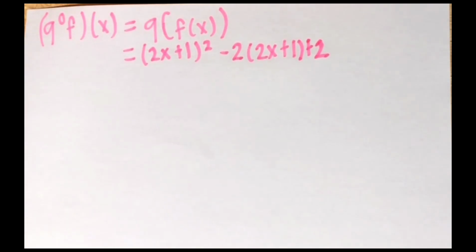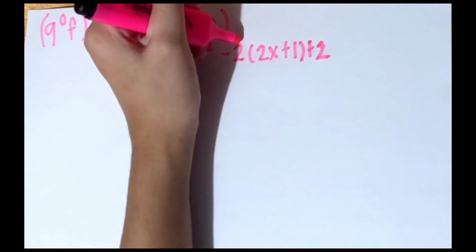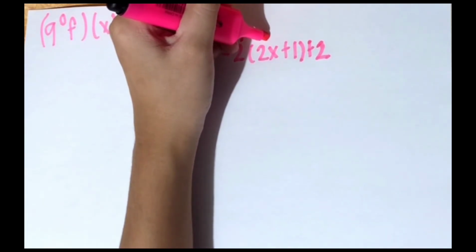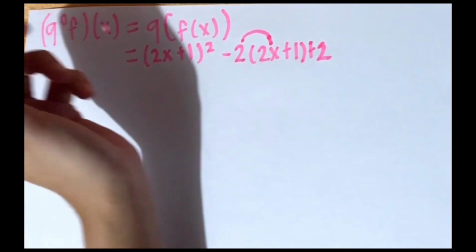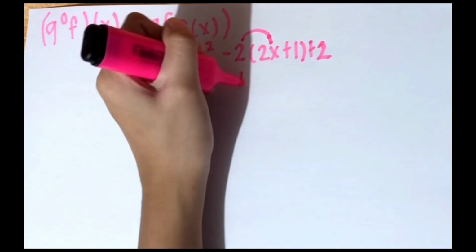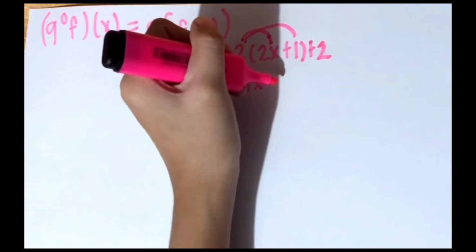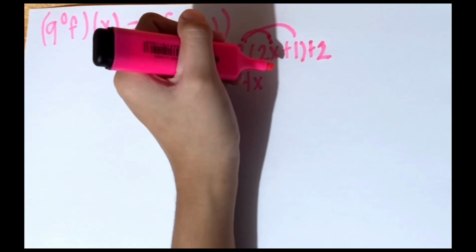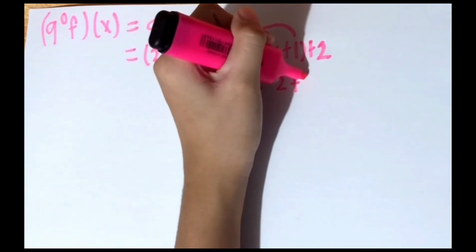Use the distributive property to remove the parentheses. Negative 2 times 2x is equal to negative 4x. Negative 2 times 1 is equal to negative 2, plus 2.